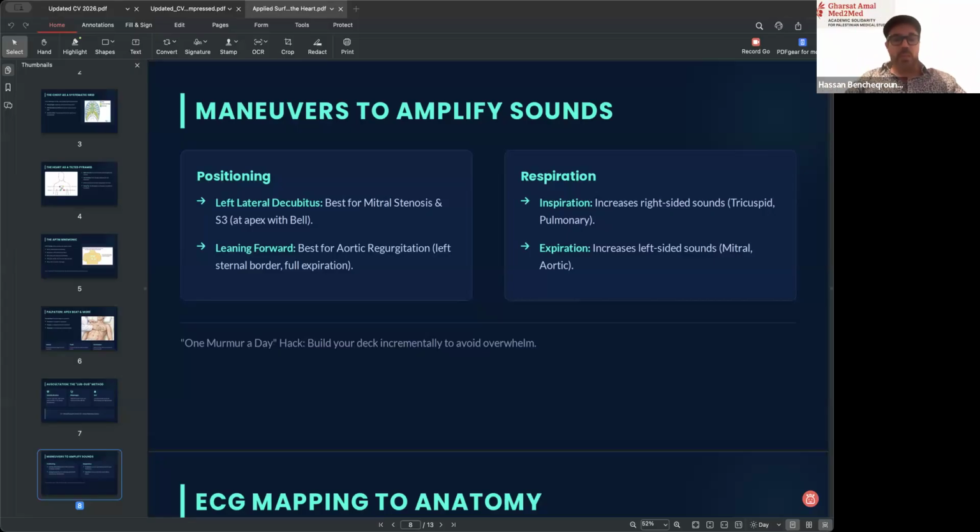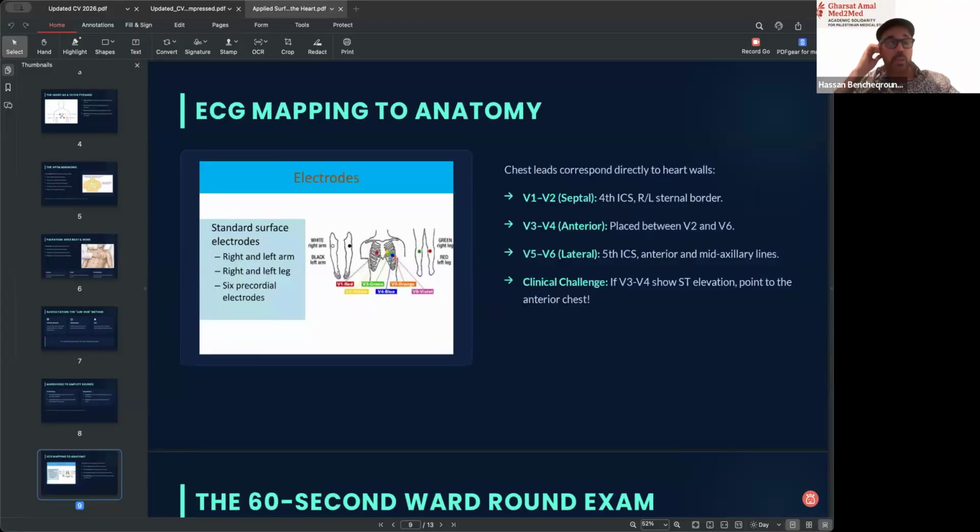Now, there's not much that is left for us. I'm going to start you, but we're not going to do it today, on the ECG mapping to the anatomy. What does that mean? It means that when we're talking about the ECG, every electrode has an axis of electricity going to it.